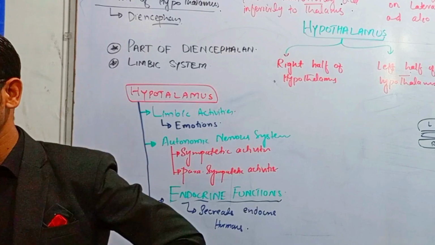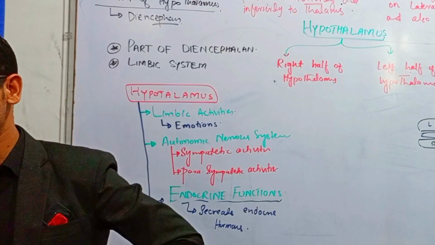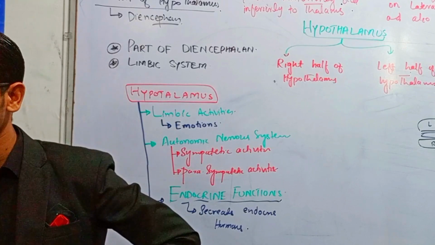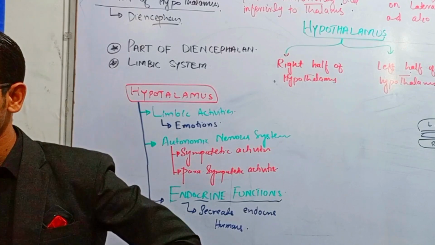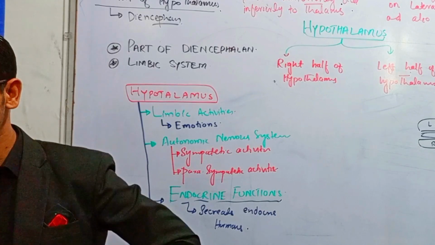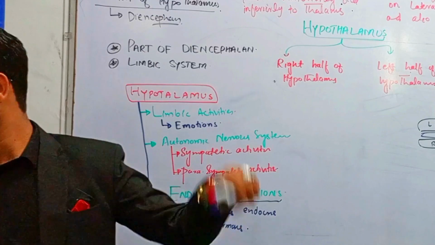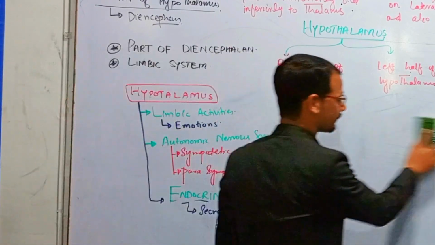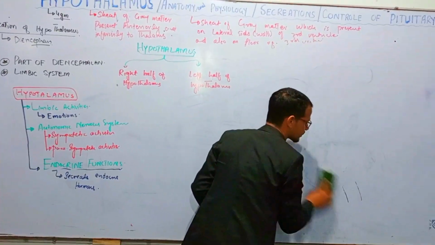What is the limbic system? The limbic system controls the emotions of the body. What is the fornix system? Anyone? Subiculum nuclei. Have you heard of subiculum in the brain? Right. I am trying to explain this also.